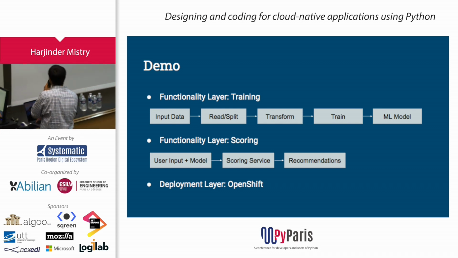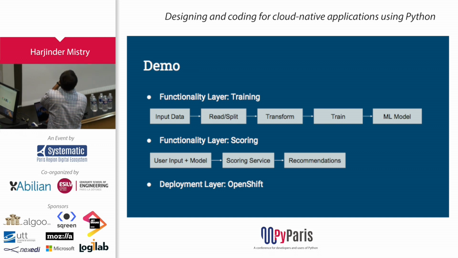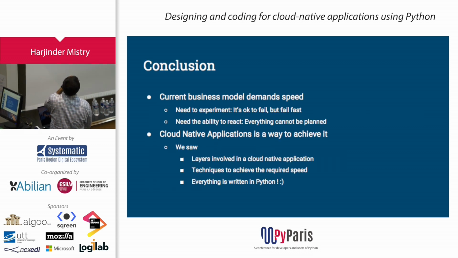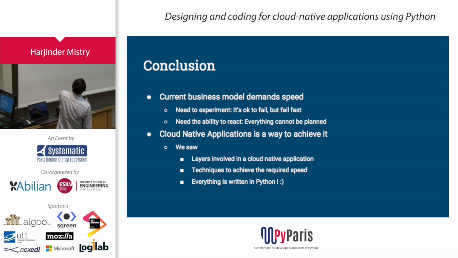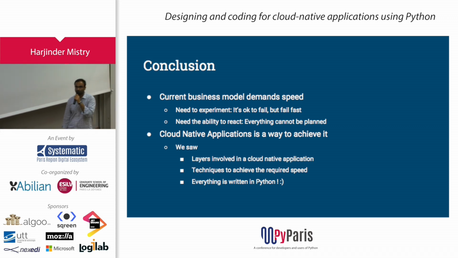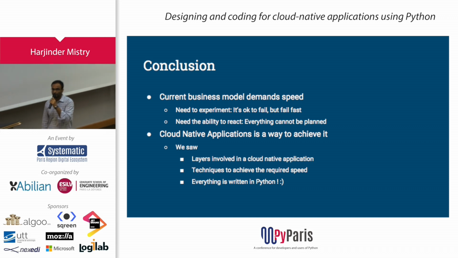So let me go back to the slides. Yes, I'm almost done. Okay, so conclusion. As we just discussed, business demand is speed and agility. We have to work with a given budget, and we need to have the ability to experiment with new ideas.